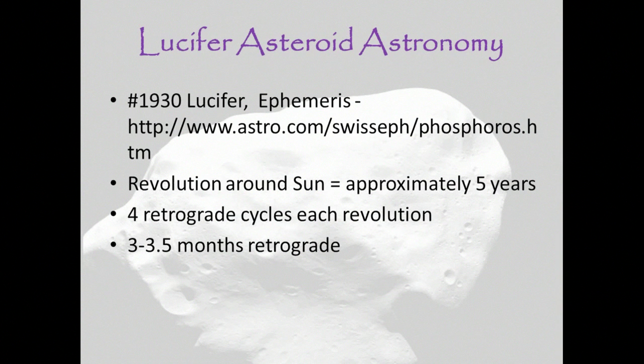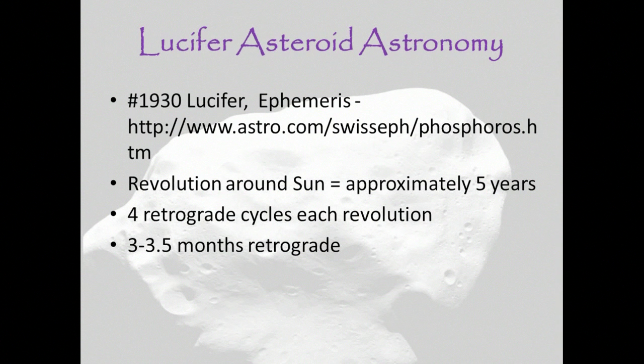You can come back to this particular slide, and Astro.com has their Swiss ephemeris, and you can go look up all kinds of asteroids there. And you'll just do a search on the number, and to do the search for Lucifer, it's number 1930.